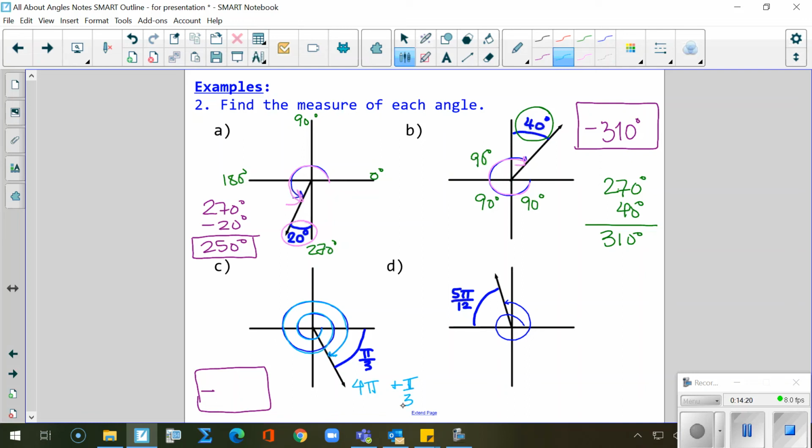We need a common denominator. We're going to be experts with radians and fractions by the end of trigonometry. To get a common denominator, I'd multiply by 3 over 3. That would give me 12 pi over 3 plus pi over 3, which is 13 pi over 3, and it went in a negative direction.